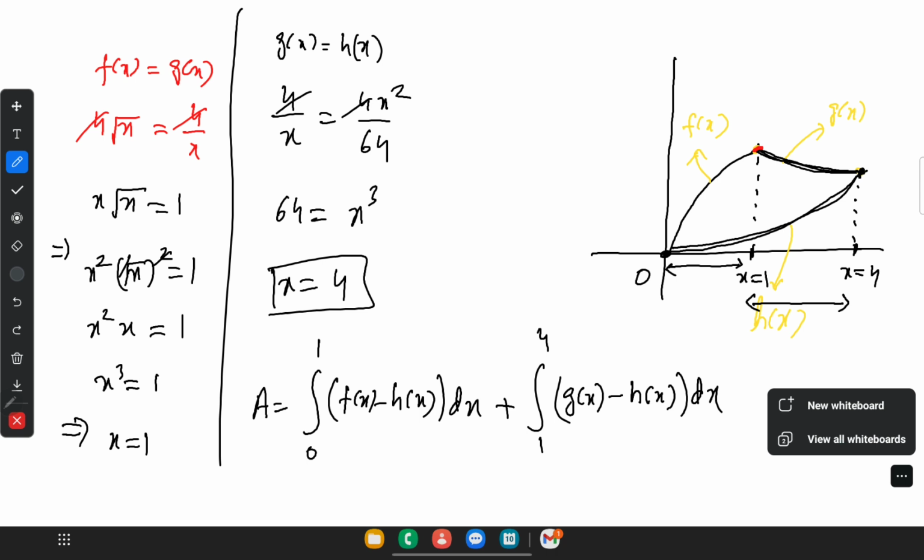So how will I do? First from 0 to 1. What was upper curve? Upper curve was f of x. f of x is 4 square root x minus, what is h of x? h of x is 4x squared over 64, dx.